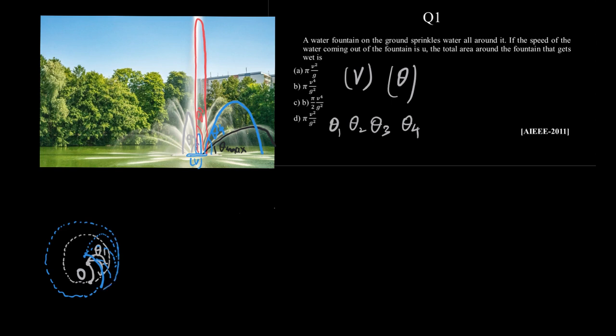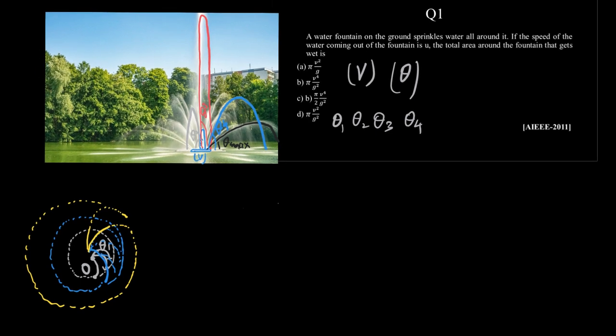Now what happens at theta 3? At theta 3, the distance is increased, and when it is rotating, it will come here. So as the theta value increases, the region of ground which is covered with water, or which is getting wet, also increases. But the question is, how far will the ground be wet?